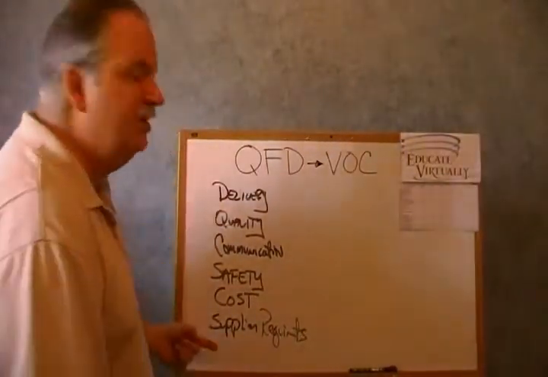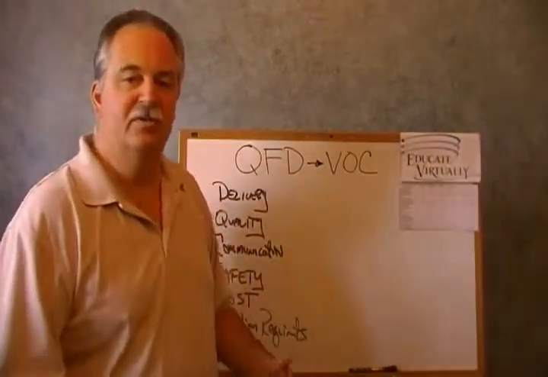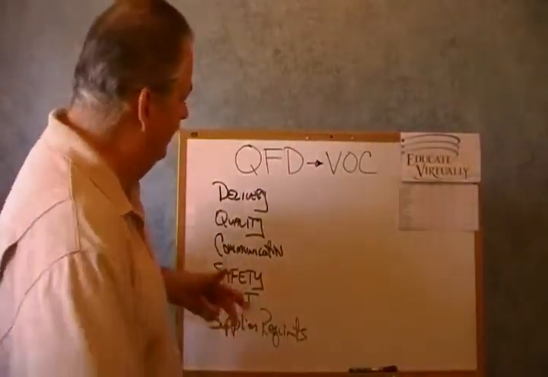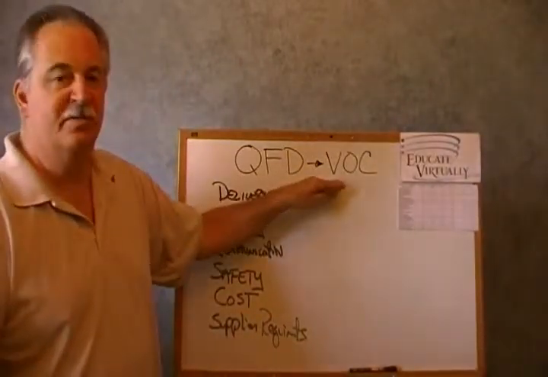All right, so these were the key elements in the voice of the customer. And we have some more detail here, and you'll see that in the materials, the detail behind it. But from a high-level standpoint, okay, here's the main items of voice of the customer.